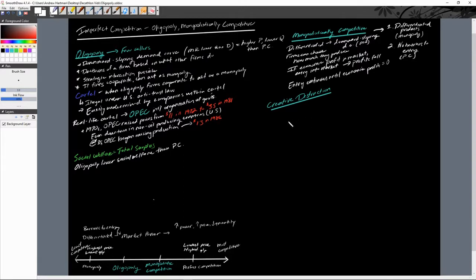What we see is the presence of economic profits drives firms to a market.